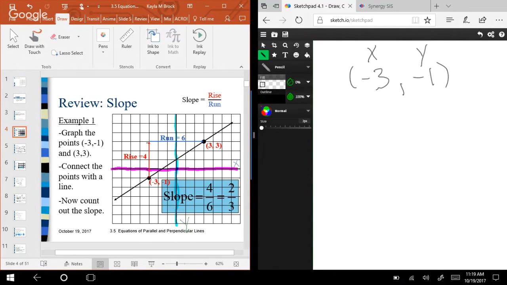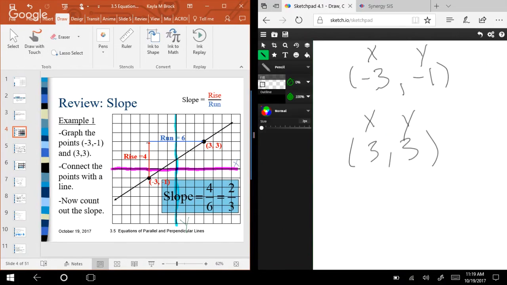The second point is (3, 3). The x comes first, then the y. We start at the origin again, and because it's +3 this time, we go to the right 1, 2, 3, and then up 3.